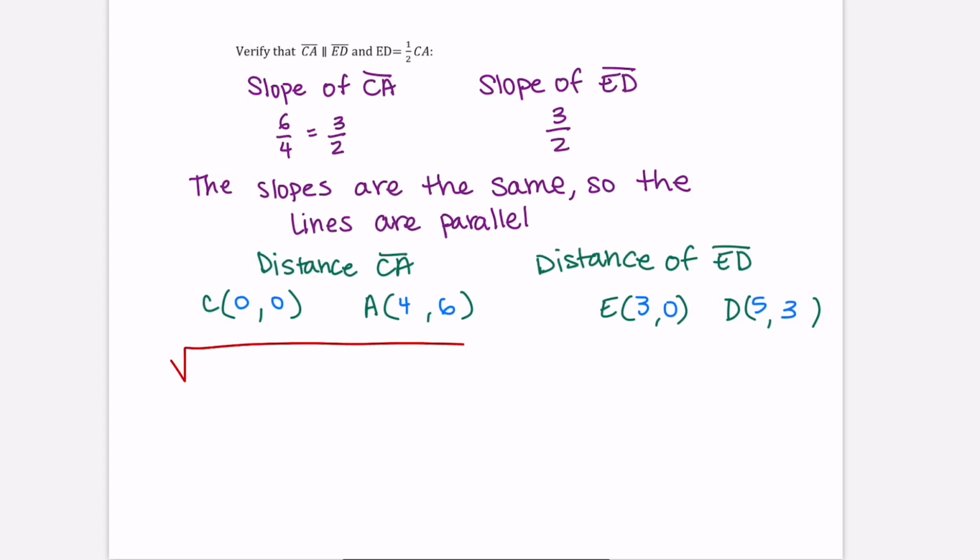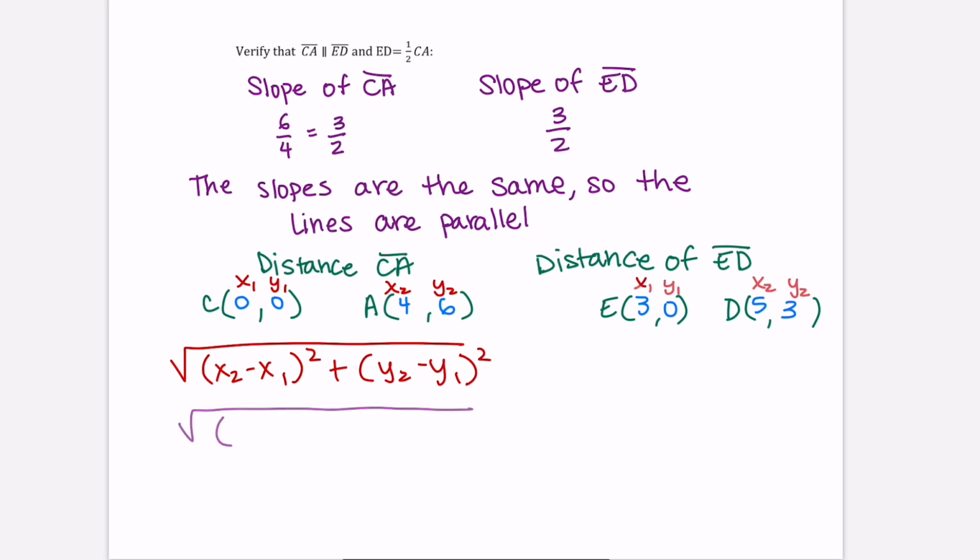Use our formula: x2 minus x1 squared plus y2 minus y1 squared. So for each of these points, we need to just label them as x1, y1, x2, y2. So for CA, our x2 is 4 minus our x1 is 0, squared.